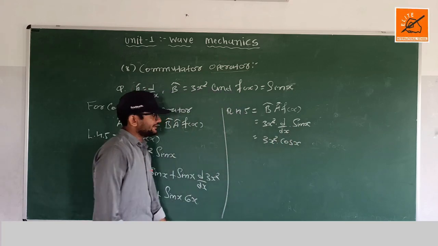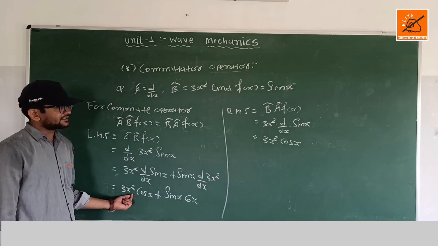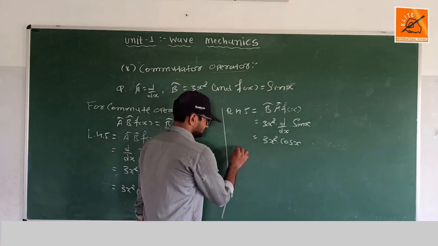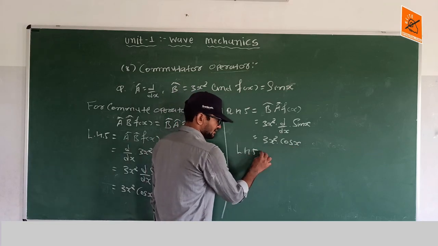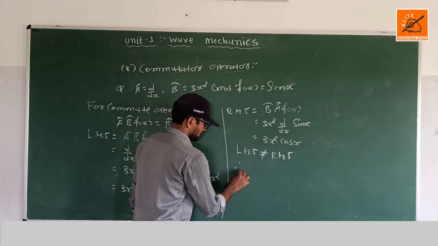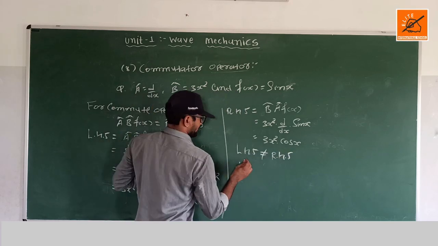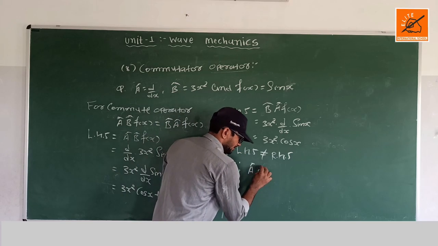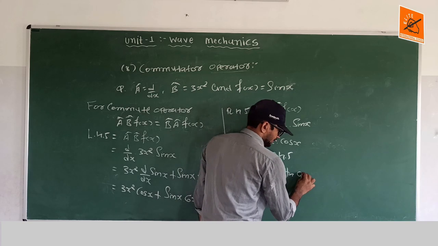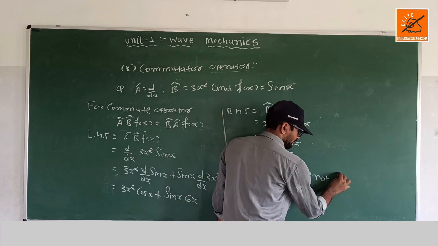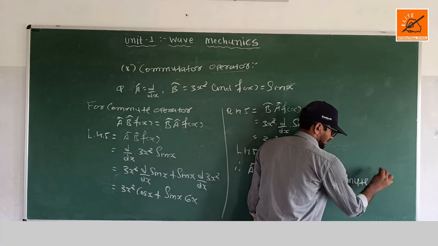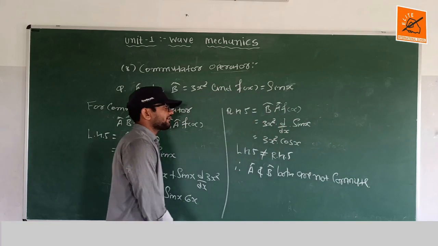In this case, the value of LHS and the value of RHS are not equal. It means LHS does not equal RHS. Therefore, operators A cap and B cap both do not commute.